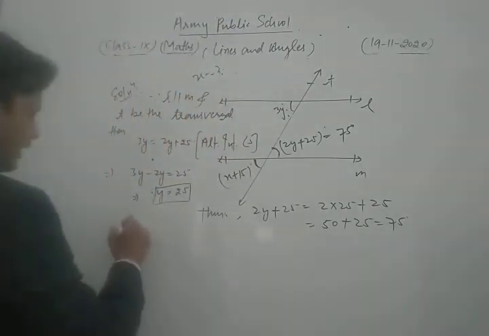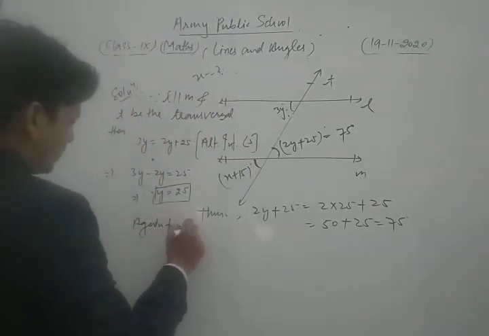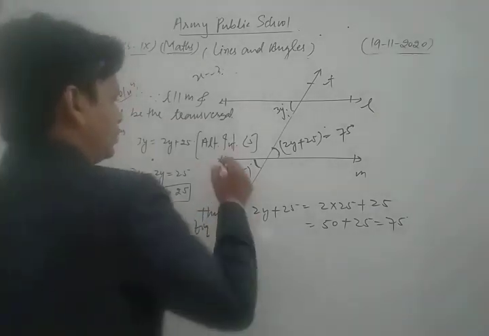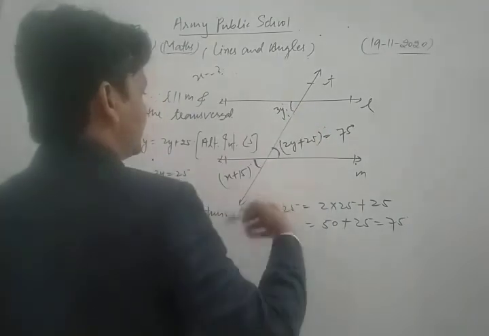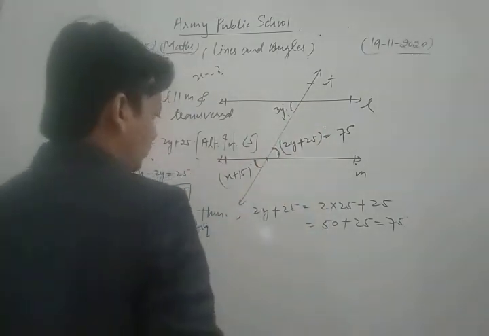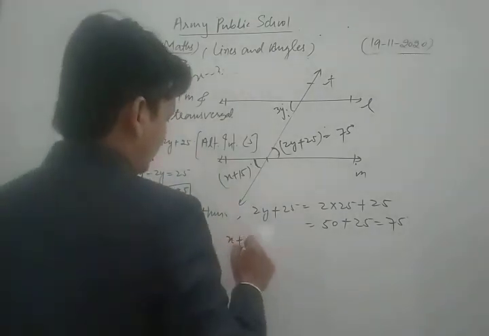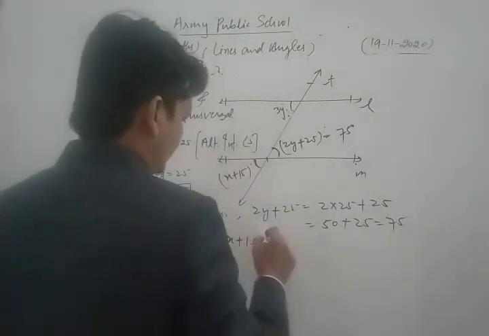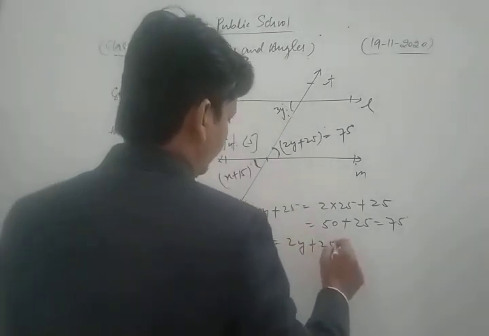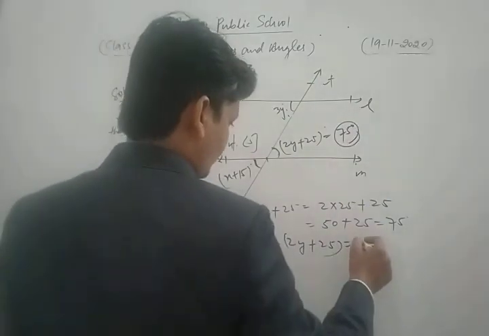Again from the figure, two lines M and T intersect each other at this point. The vertically opposite angles are equal to each other. Then x plus 15 degrees is equal to 2y plus 25, which is equal to 75.